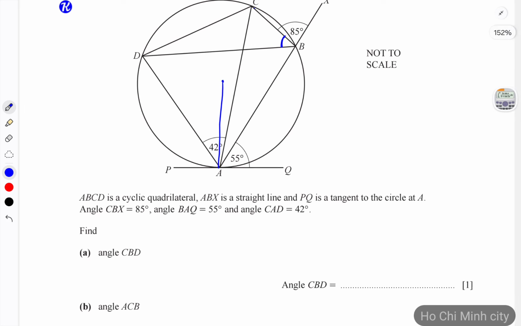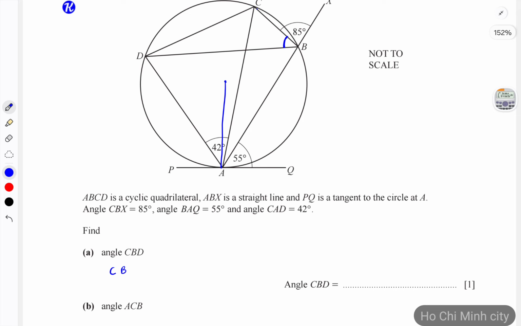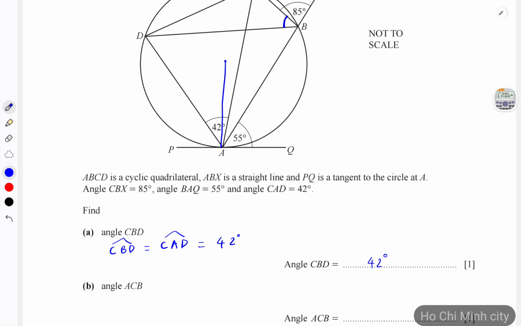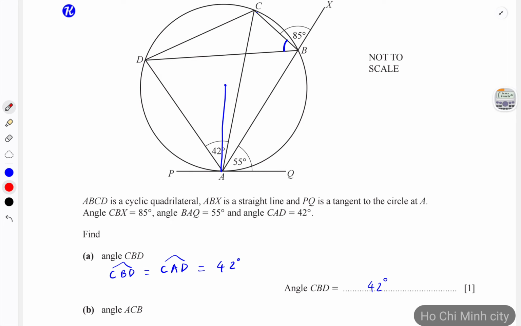So the angle CBD is equal to CAD, and we have the answer is 42 degrees. All right, 42 degrees. Next one, part B, angle ACB. ACB is this.